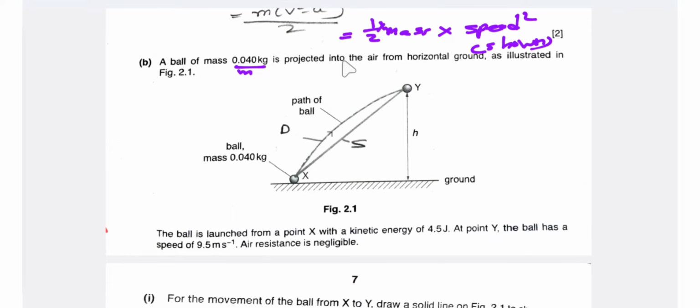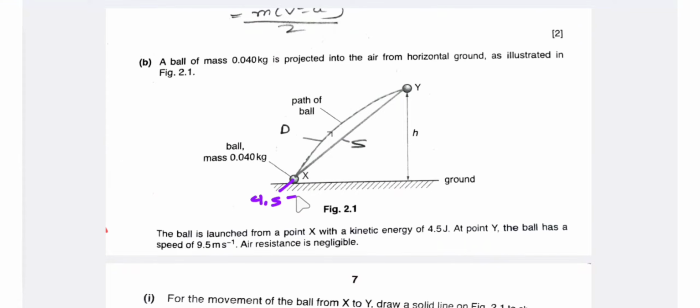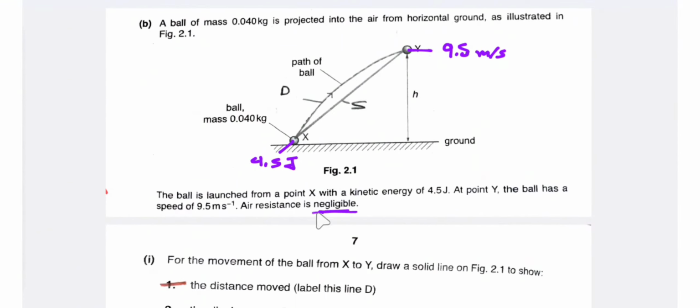So at point X, it has a kinetic energy of 4.5 joules. At point Y, the ball has a speed of 9.5 meters per second. Air resistance is negligible. So that means for the upward movement of the ball, there is no air resistance.